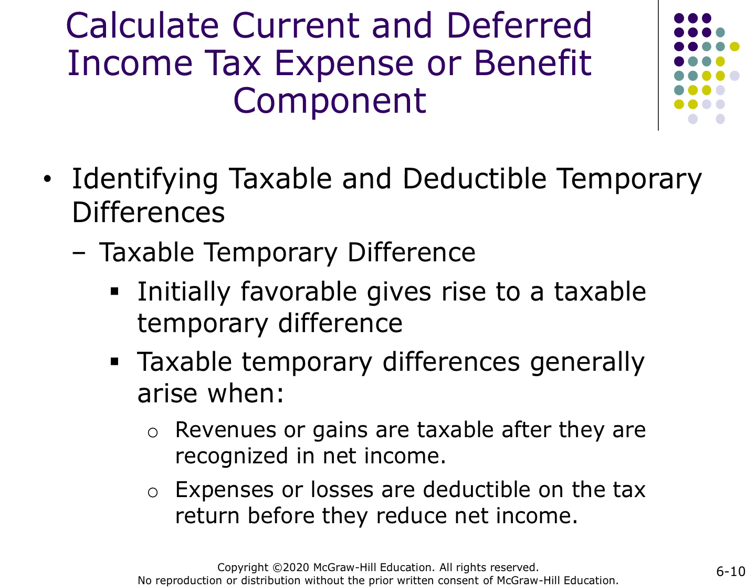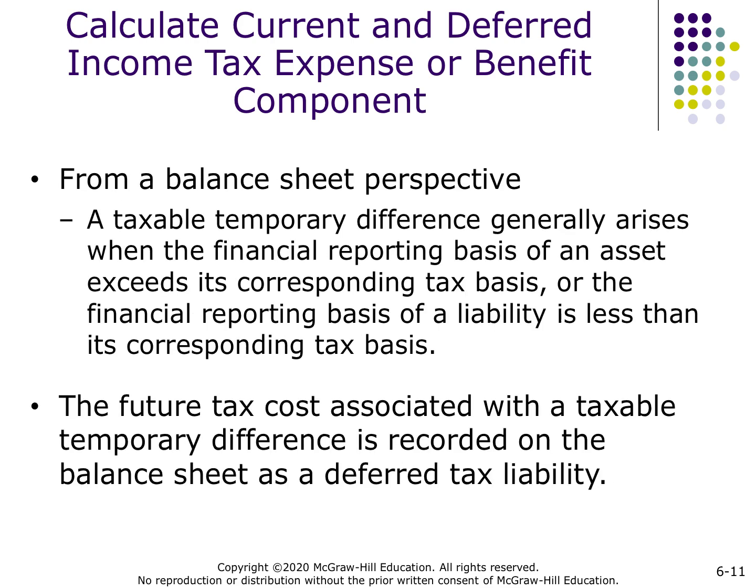Okay, so this slide again is talking about tax expense and benefit and identifying taxable and deductible temporary differences. We're not going to spend a lot of time on the discussion of this. All right, so again, remember we're talking about a balance sheet perspective.